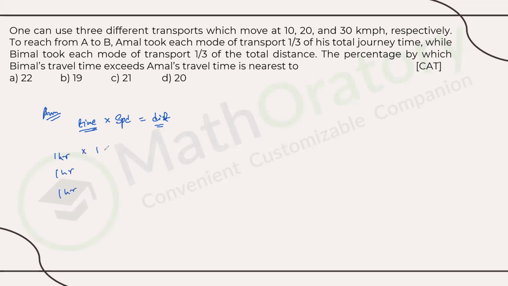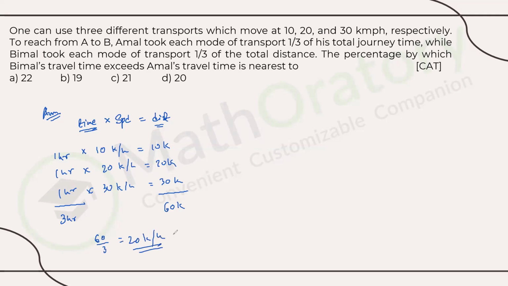So the first segment traveled with a speed of 10 km per hour gives a distance of 10 kilometers. Second, 20 km per hour, 20 kilometers. 30 km per hour, 30 kilometers. So what is the total time that he travels for? 3 hours. Total distance covered, 60 kilometers. So the average speed is 60 by 3, that is 20 km per hour for Amal.